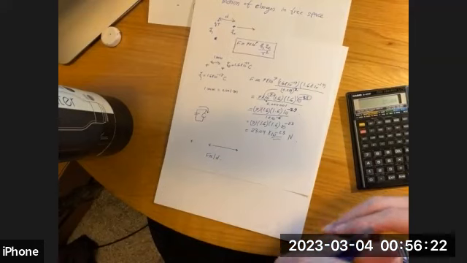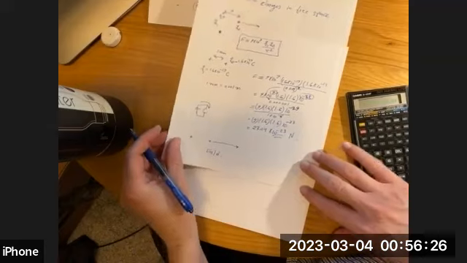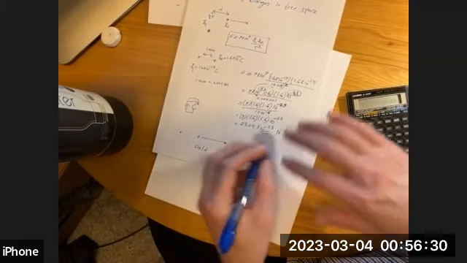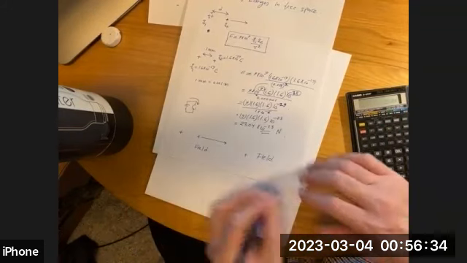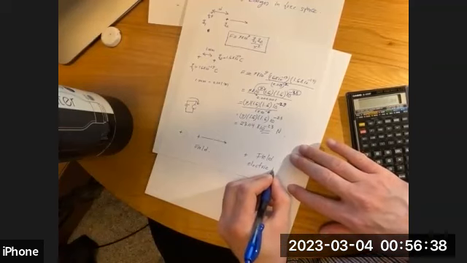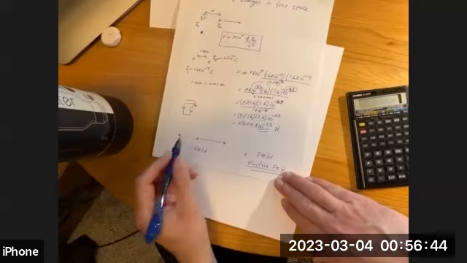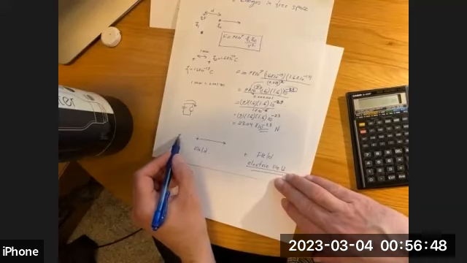Therefore, they assumed that any electric charge creates a field around it, and that field is called the electric field. What's happening is this electric charge is going to feel the electric field of this charge.